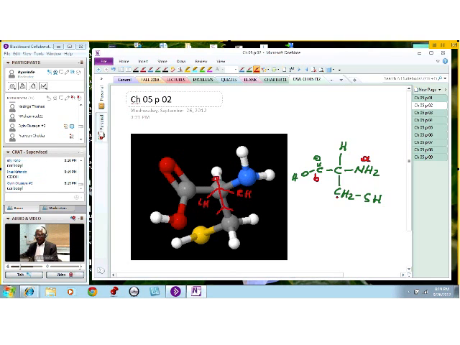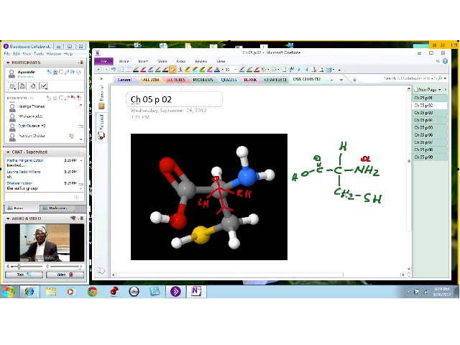Oh, wait a minute. Okay, I didn't see the sulfur. I'm going to take this back. This is not priority B. Notice what we have here. This carbon here is attached to this carbon, and then this carbon is attached to sulfur. Sulfur has priority over oxygen.